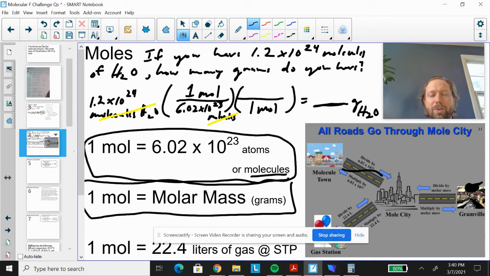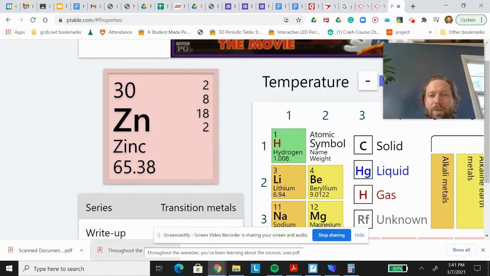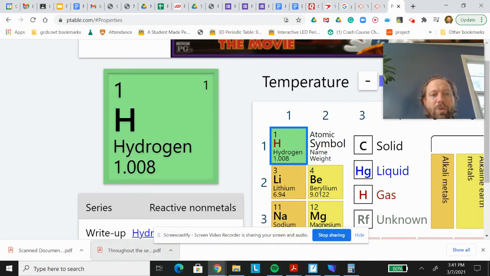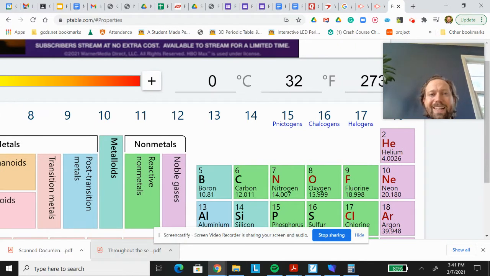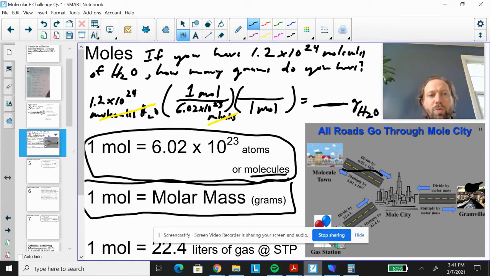Molar mass of water, go over to the periodic table. Hydrogen is 1.008. Oxygen is 15.999. And so we can add those up. We have 2 hydrogens, right?